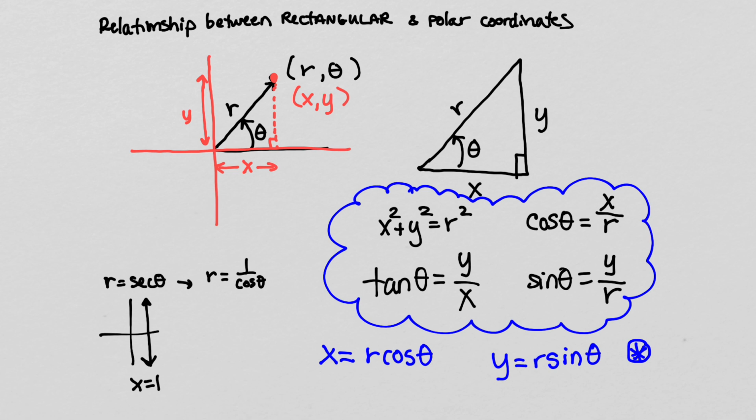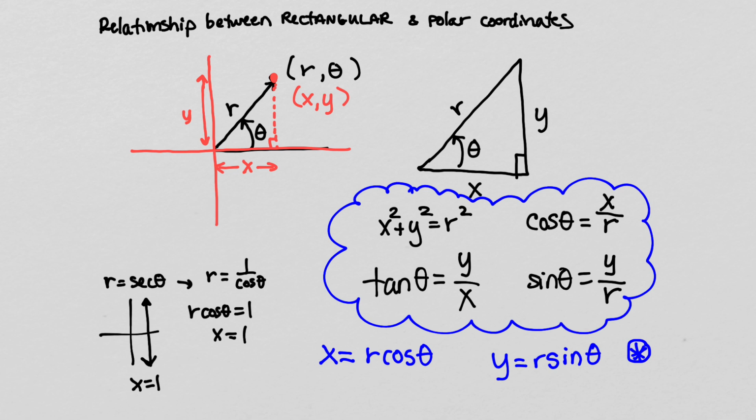If you multiply both sides of my equation by cosine, I get r cos theta equals 1, and r cos theta is just x. See, that relates everything. And our cosecant of theta is 1 over sine, and r sine theta is y, and that's why they become horizontal lines. So everything relates. It's just beautiful how it all comes together.